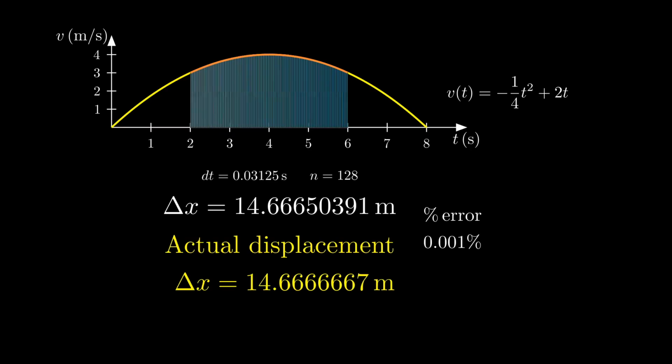This is quite remarkable. It suggests that with small enough time steps we can get as close as we like to estimating the true displacement of the car between 2 seconds and 6 seconds from the velocity graph by approximating the velocity curve with many small straight line segments.